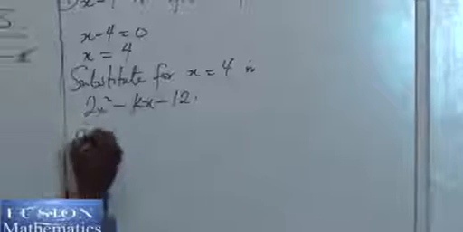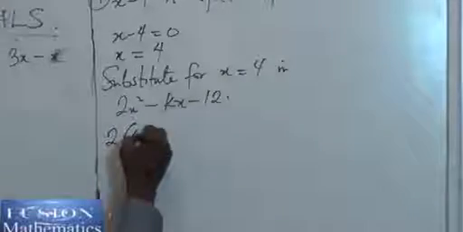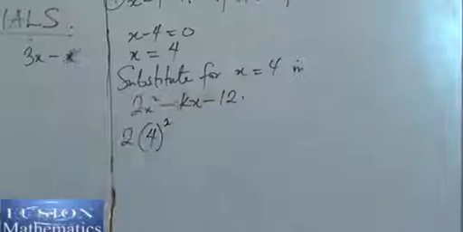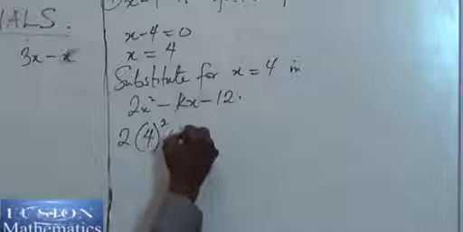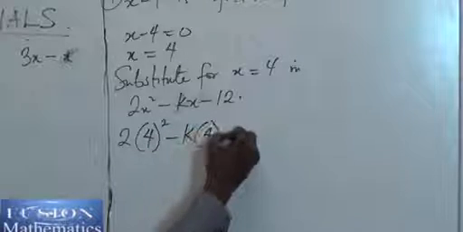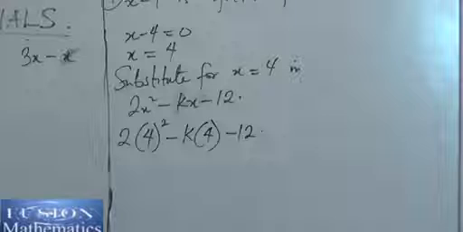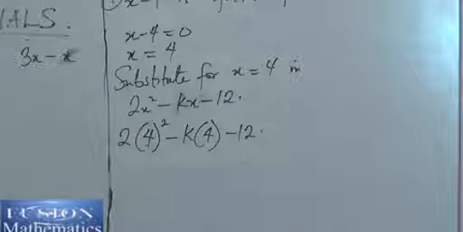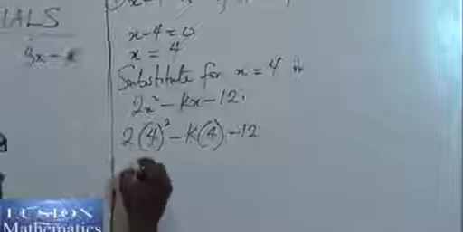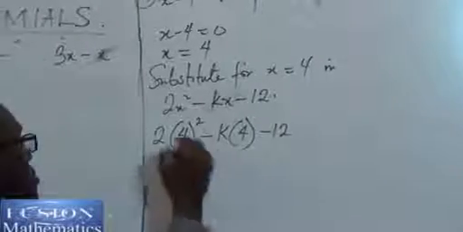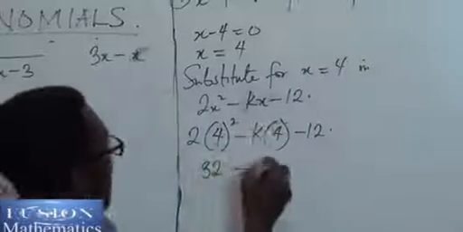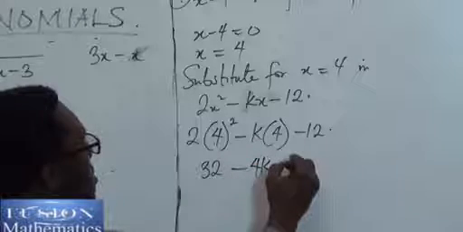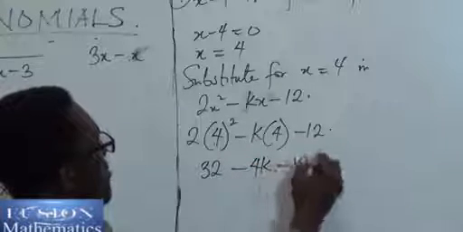So this will be 2 bracket 4 all squared minus k bracket 4 then minus 12. 4 raised to power 2 will give us what? 16. 16 times 2 will give us 32. Minus, we open the bracket, this will be 4k minus 12.